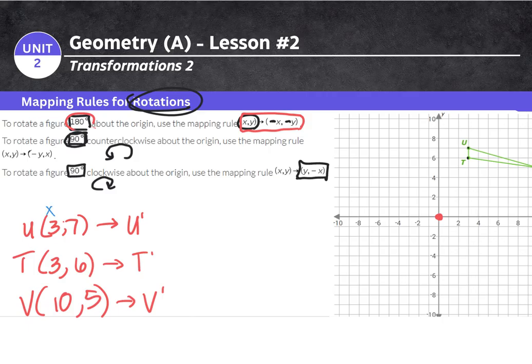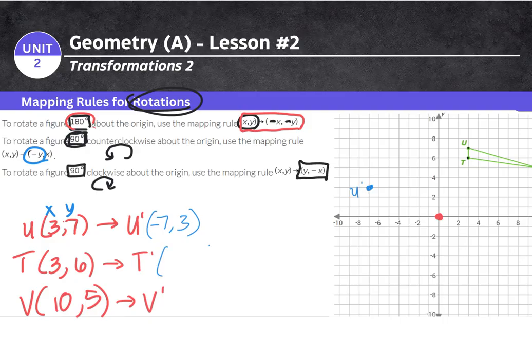This is my X value, this is my Y value. So to rotate it counterclockwise 90 degrees, we're going to flip the 7 and the 3 and then change the sign of our 7. So we get negative 7, 3.